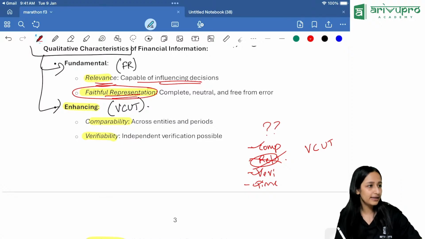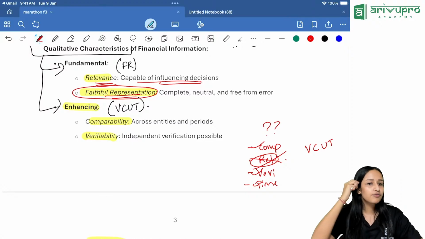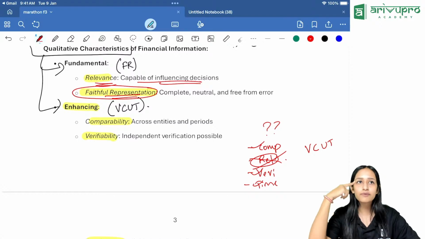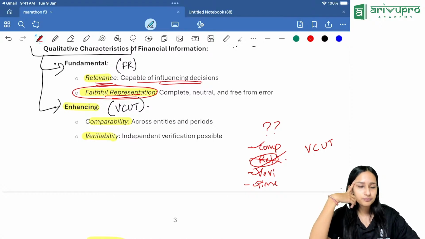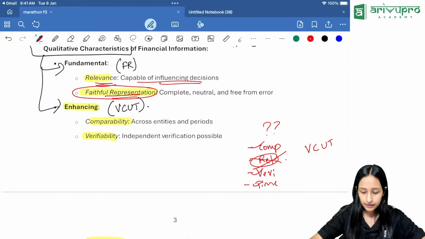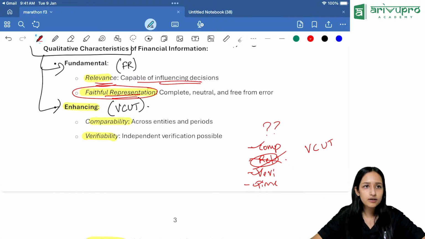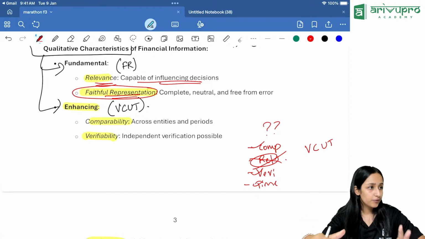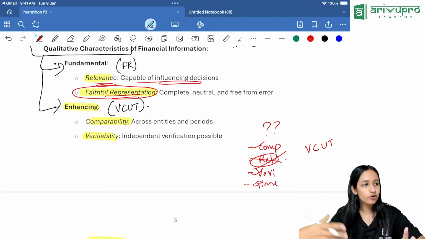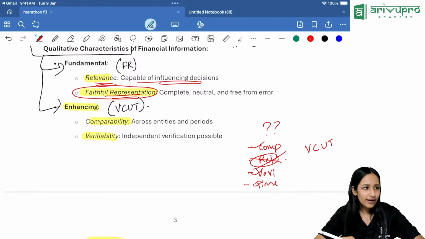Whenever we are looking at faithful representation, what is the meaning of this? We do not need bias. Okay, so let's say we're talking about a favorite cricketer. There's one person who likes some cricketer, and then you don't like this cricketer. So whenever your friend is talking about the cricketer, you will be like, yeah, whatever, I don't care, right?